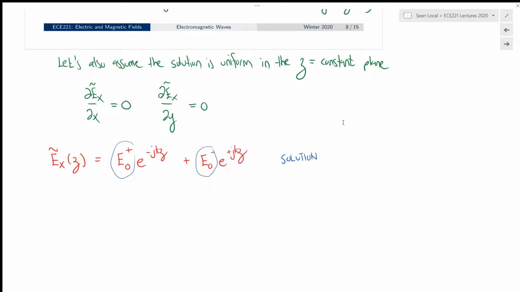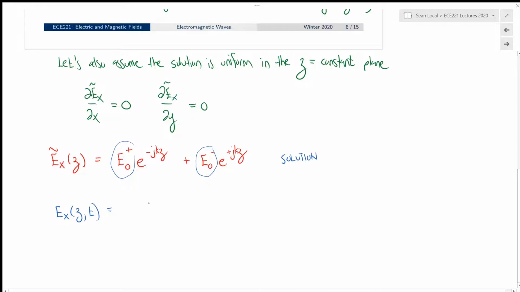So if we want to physically interpret this solution to the equation that we wrote up above, it's instructive for us to write the corresponding equation that describes both the spatial dependence and the time dependence. So how did we do that? You'll recall that in general, if we want to write, for example, Ex as a function of space and time, we would need to take a phasor domain expression.